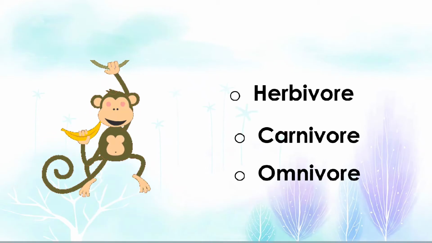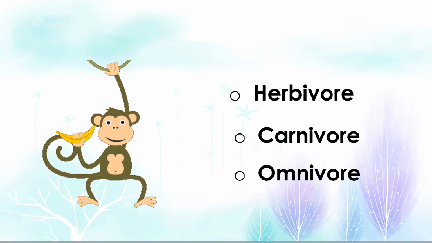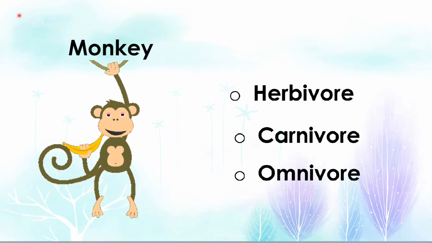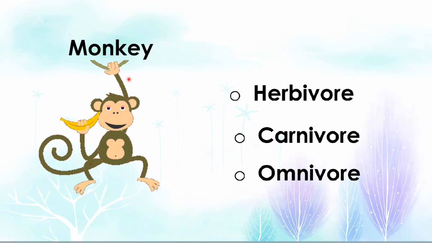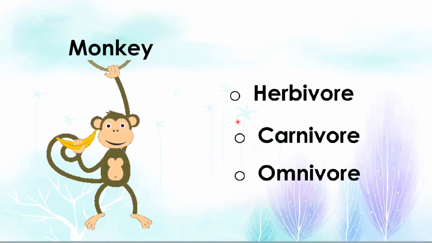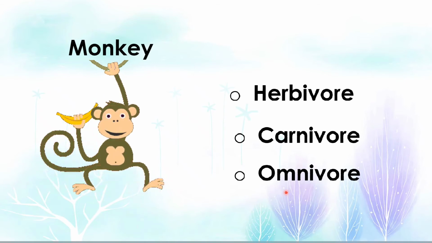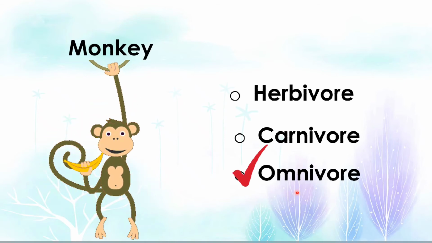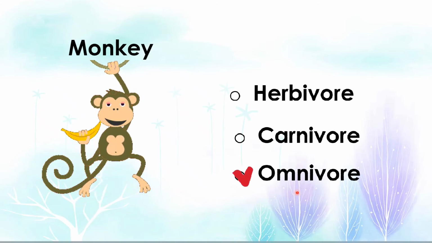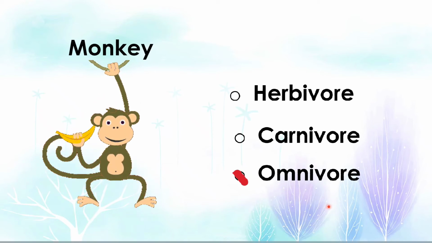Now let's go to the first example. So we have monkey. What do you think monkey is? Is that a herbivore, carnivore, or omnivore? Yes, monkey is an omnivore. Why?